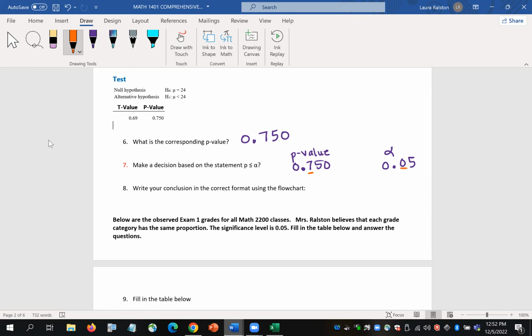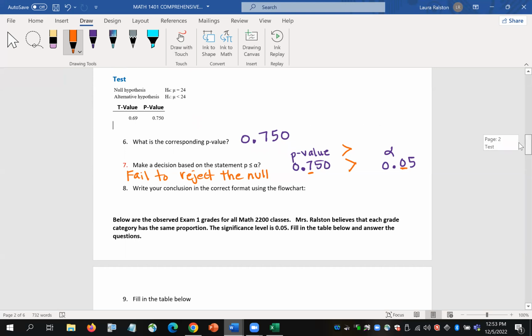The first digit after the decimal for the level of significance is a 0. 7 is greater than 0, so p is greater than alpha. Whenever p is greater than alpha, we fail to reject the null. That guideline has been the same since we started hypothesis testing. Whenever p is greater than alpha, you always and forever fail to reject the null.